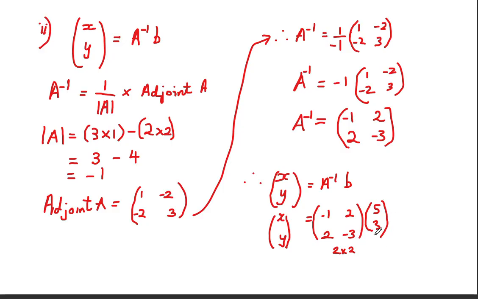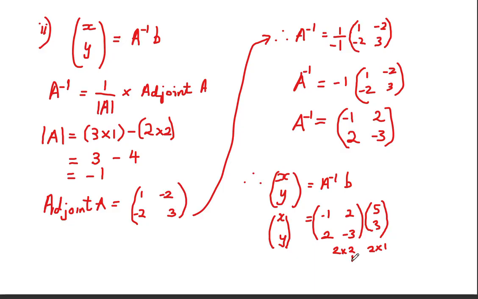In this column vector, however, what we have is 2 rows and 1 column. So this is a 2 by 1 size matrix. When you're writing the size of a matrix, it's always row by column.